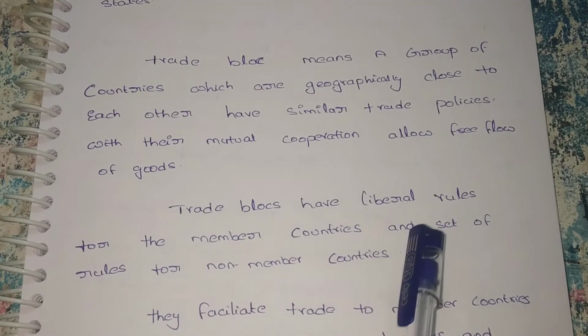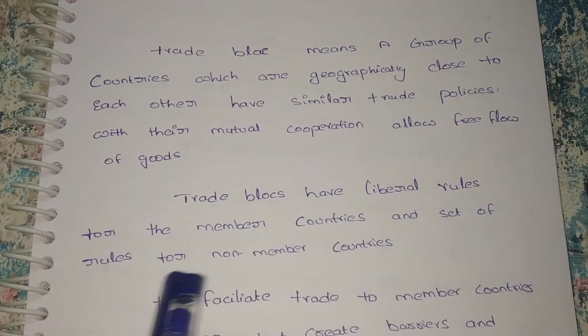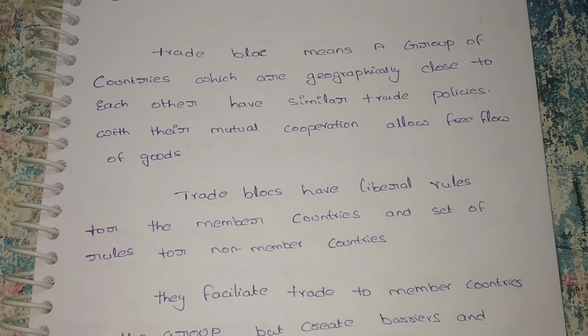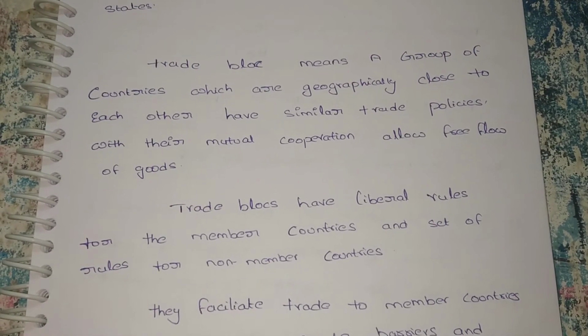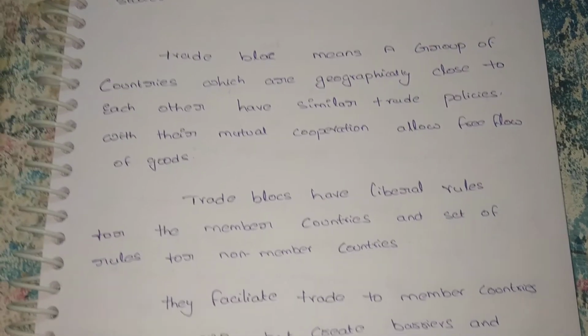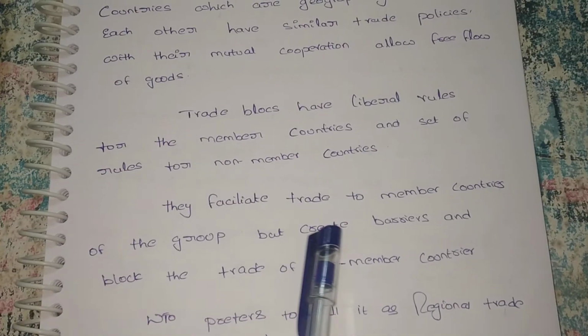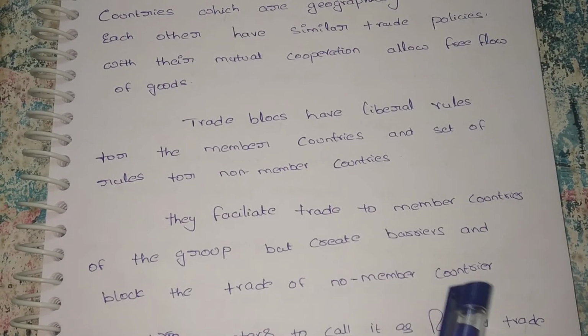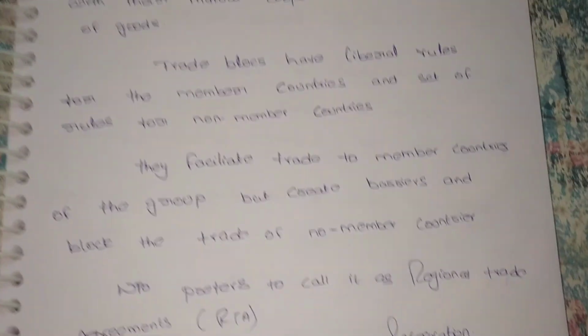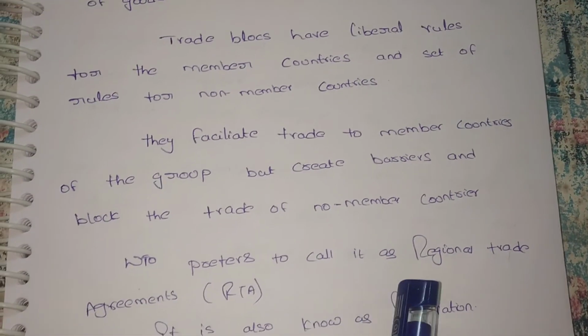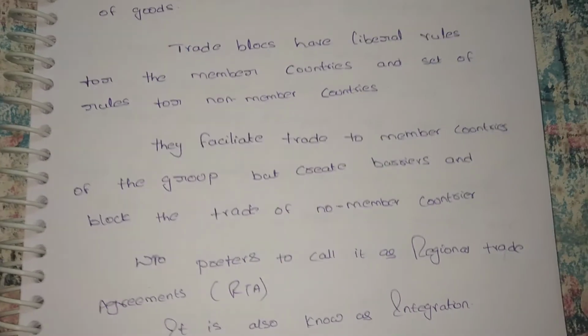It has liberal rules for member countries and a set of rules for non-member countries. Non-member countries face many restrictions, but member countries have liberal rules. They facilitate trade for member countries but create barriers for non-member countries. The WTO calls it a regional trade agreement, and it is also known as integration.